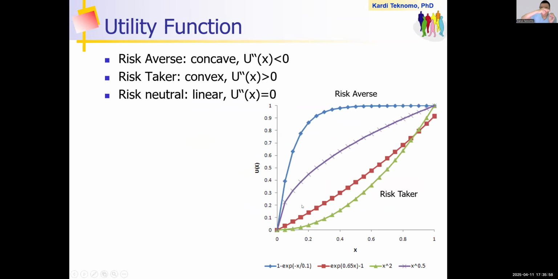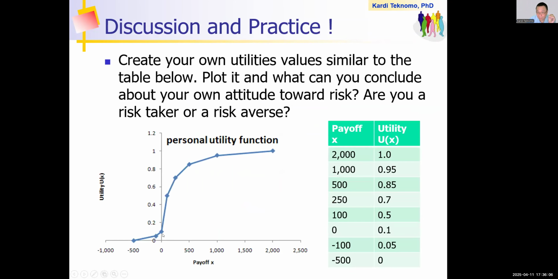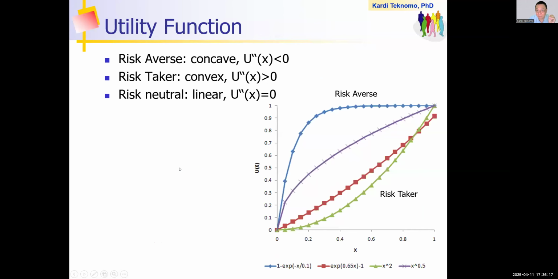Can you see the pattern of the curve? And then when the payoff is positive, suddenly this person becomes risk averse. How can I say that? The pattern of risk averse is concave.